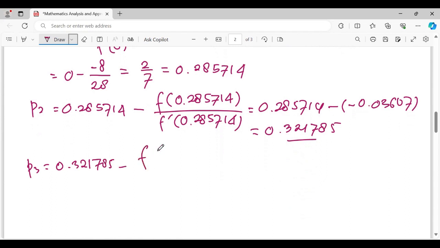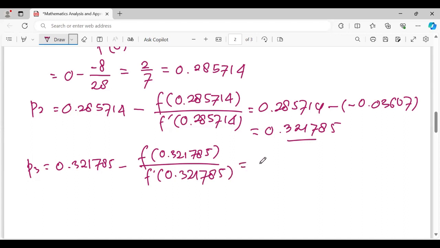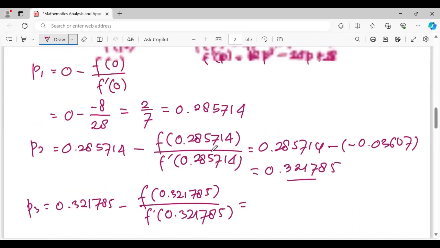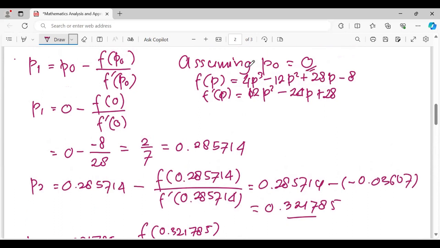Now P3, 0.321785 minus f(0.321785) over the derivative at 0.321785. Through the same calculation, the same strategy, don't forget to substitute this number into this p and this p.